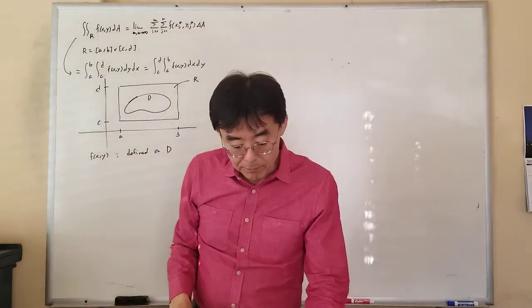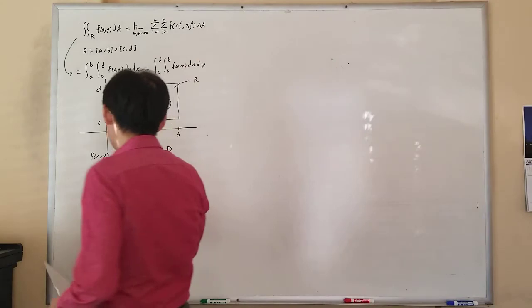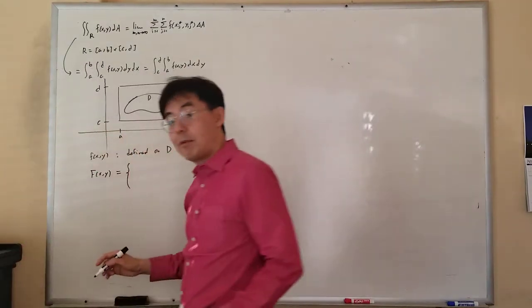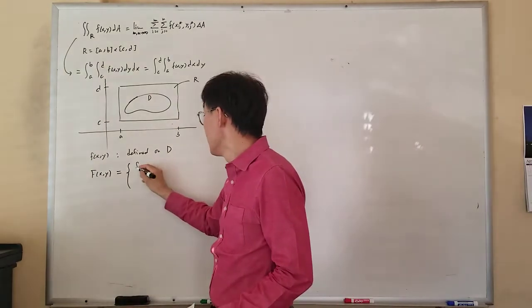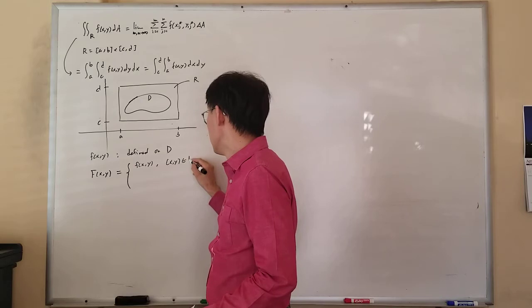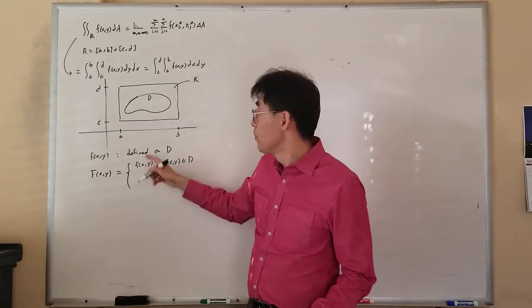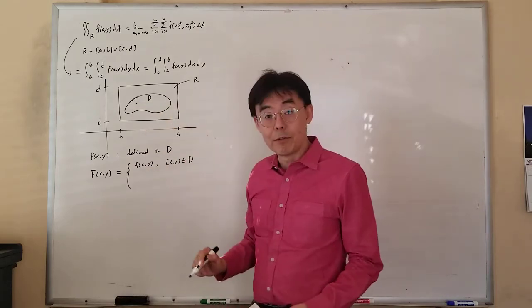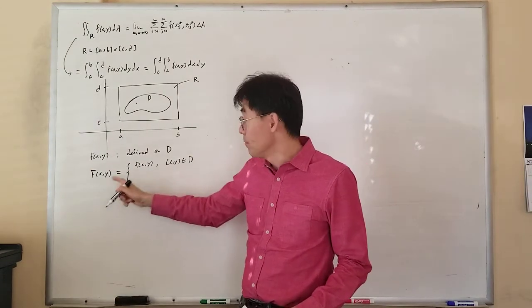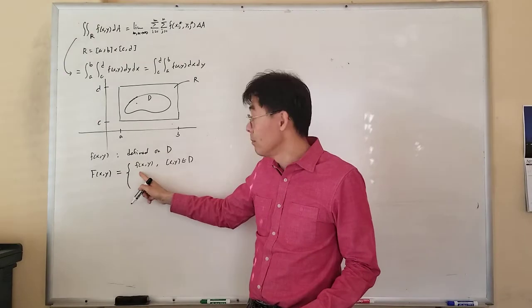Then we define the so-called extension. Capital F of xy as f, same as f of xy, if your xy is inside the original domain D. Then our capital F is same as lowercase f function.